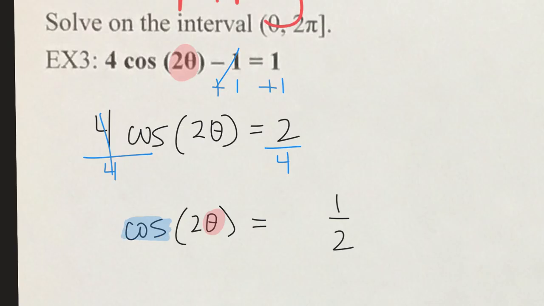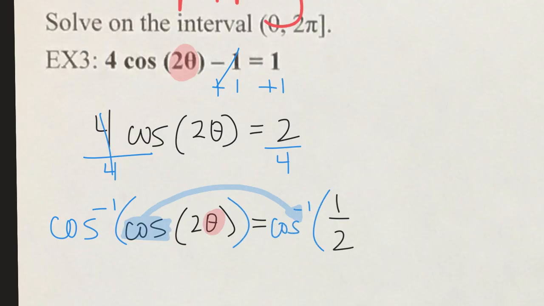How do we move our cosine from one side to the other side? We do the inverse. We always are doing inverse operations. So we write inverse cosine of both sides. That is the formal way of getting rid of cosine, is by doing its inverse.